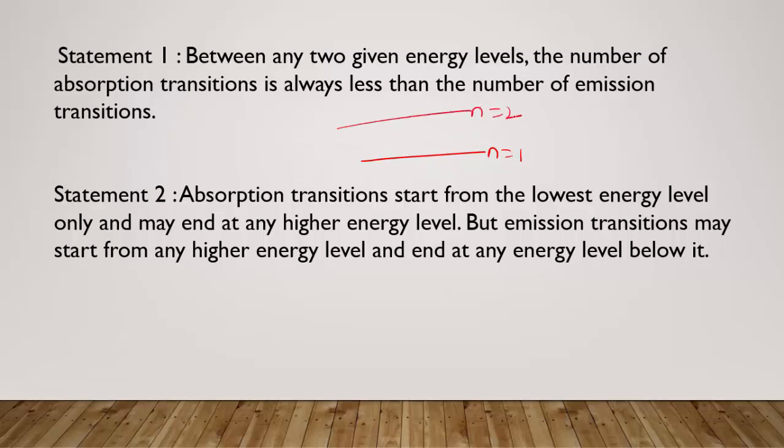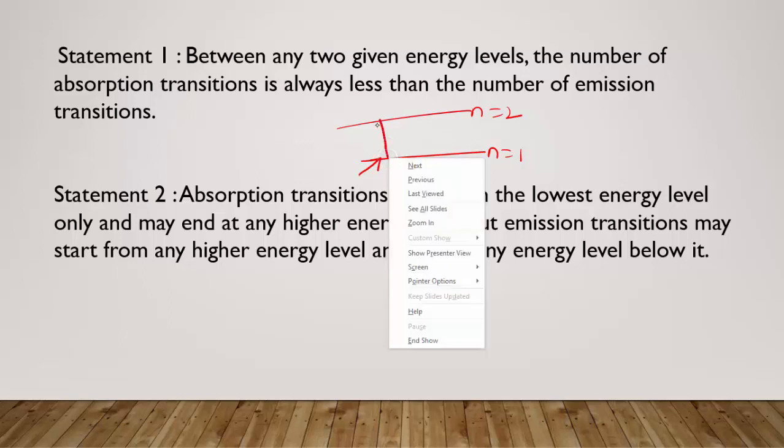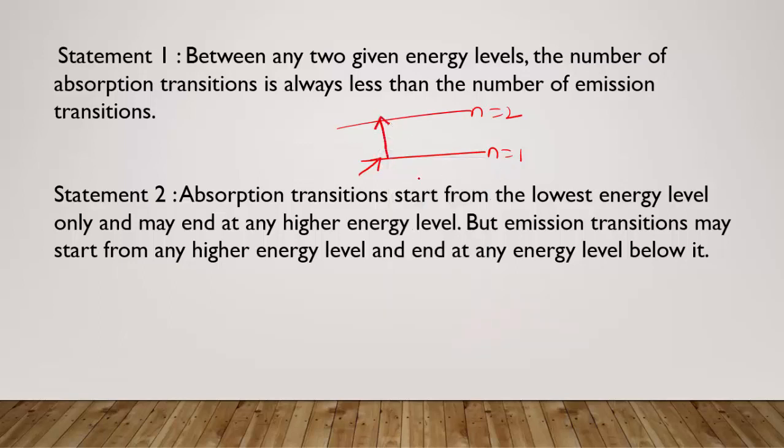and here n equal to 2, the absorption transition starts from the lowest energy level only and may end at the highest energy level. But the emission transition may start from a higher energy level and end at a lower energy level.